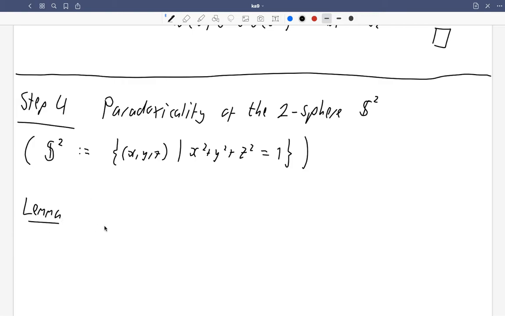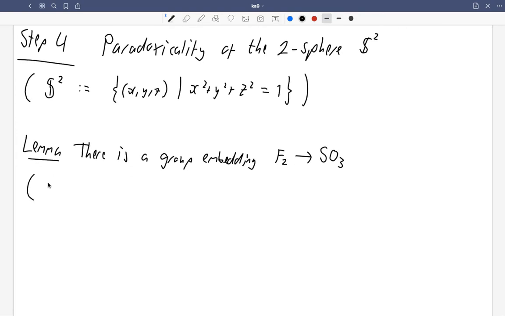It's one that involves real calculation, and it's that there is a group embedding from the free group on 2 generators into the group SO3.